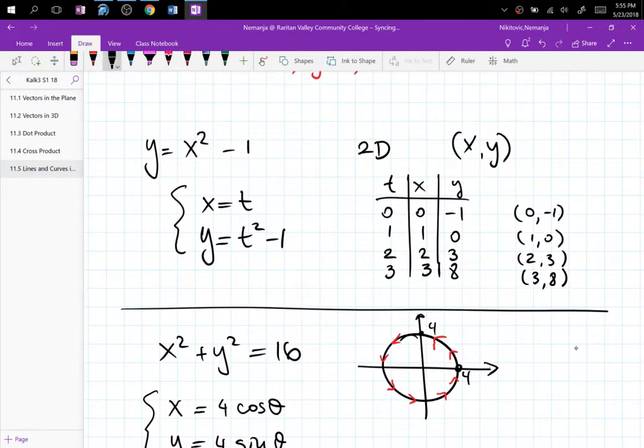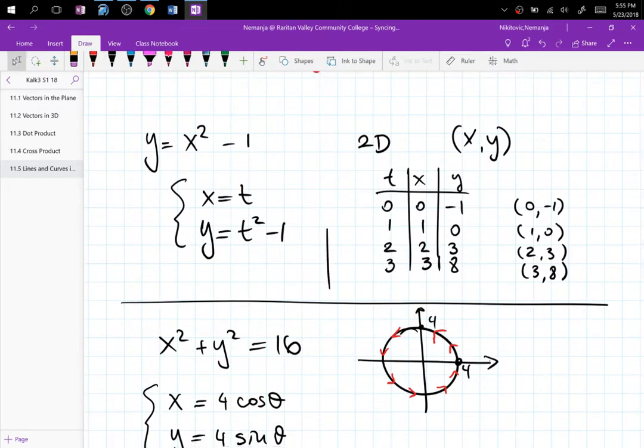And for the parabola, which I didn't get to draw, I'll try to squeeze it over here. For the parabola, with the parametric equation, we also have to add these arrows showing the progression, because time flows in one direction as far as we know it, which is from 0 to 1 to 2 to 3.